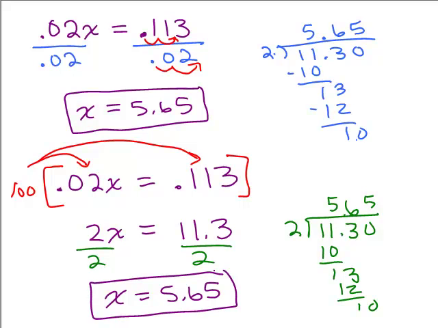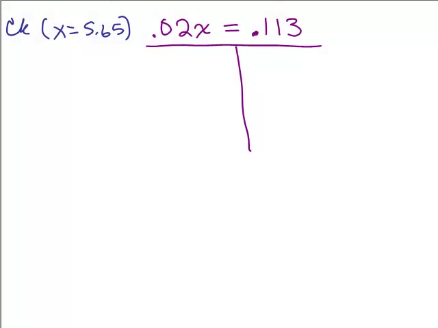All right, let's check our answer. So we've got 0.02 times, we're going to plug in 5.65. So how do we do that? Well, we just think of 2 times 565.